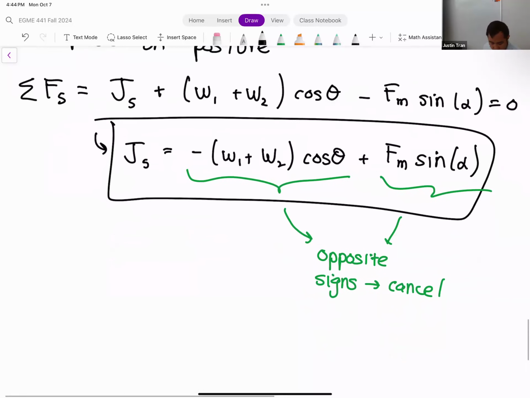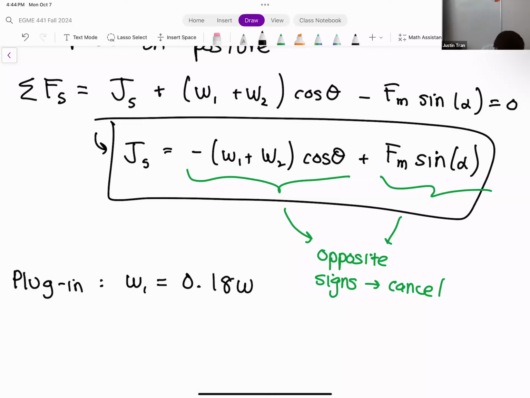Now that we have these expressions, let's plug in some values so that we can get a sense of whether the bad posture case really is bad for your back. So let's plug in the following numbers. W1 is going to be equal to 0.18 W, where W is the weight of the entire person.